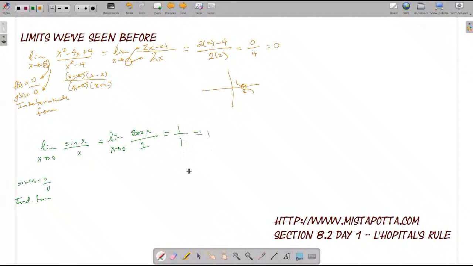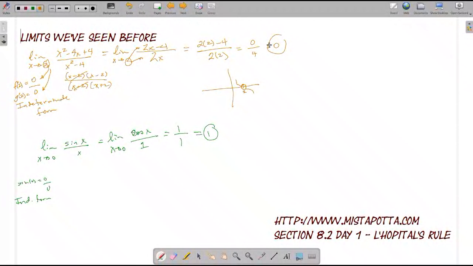And so I get this limit to be 1. Notice that both of these limits that I got in this example and in the tan example, both of these limits are exactly the same as what we expected back in chapter 2.